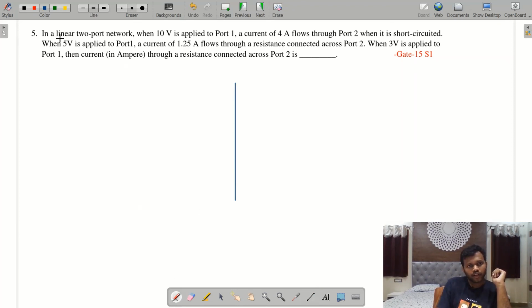In a linear two-port network, when 10 volts is applied at port 1, meaning V1 equal to 10, a current of 4 amperes flows through port 2, meaning I2 equal to 4, when it is short circuited, meaning V2 equal to 0. Similarly, when 5 volts is applied at port 1, meaning V1 equal to 5 volts, a current of 1.25 amperes flows through a resistance of 1 ohm.